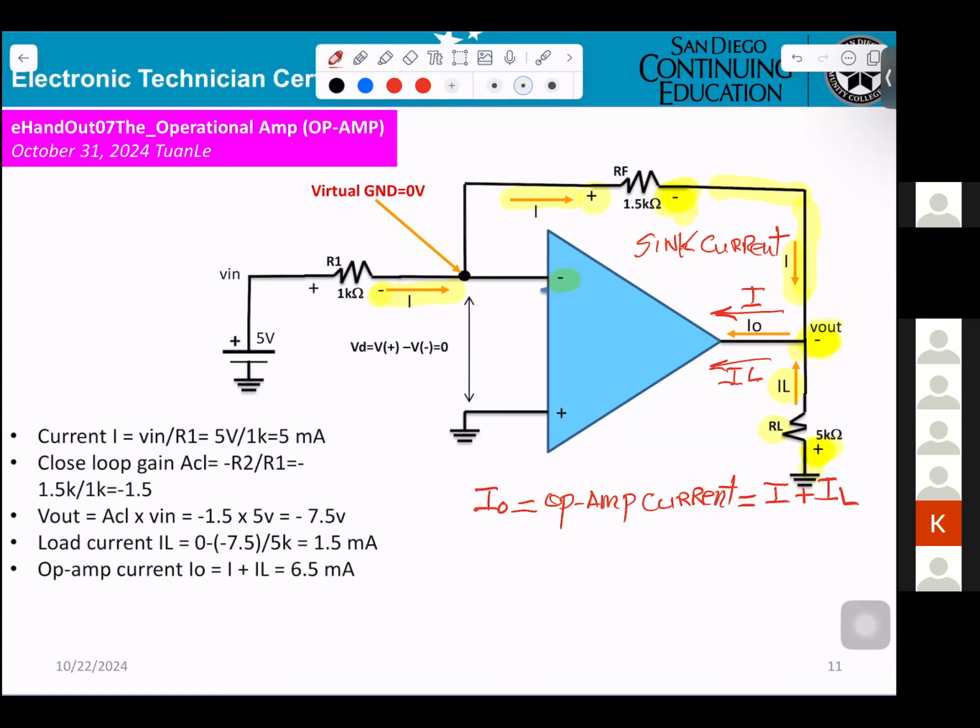IO and sink current are the same thing. IO is just a total of I and IL, but it's the same as the sink current. They are still coming into the op amp. That will be called a sink current.